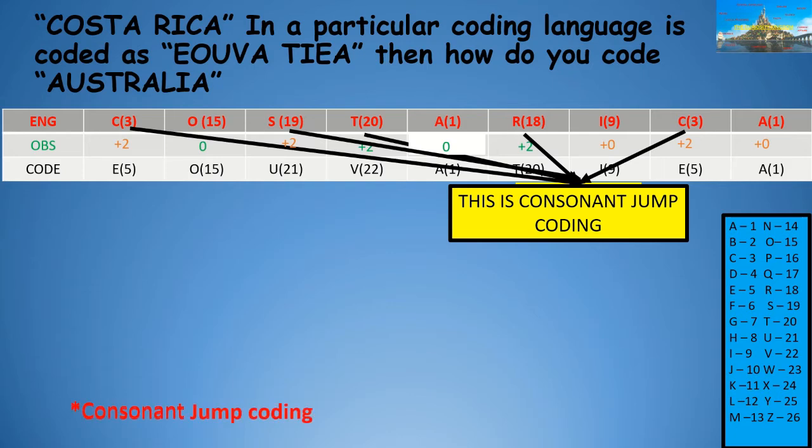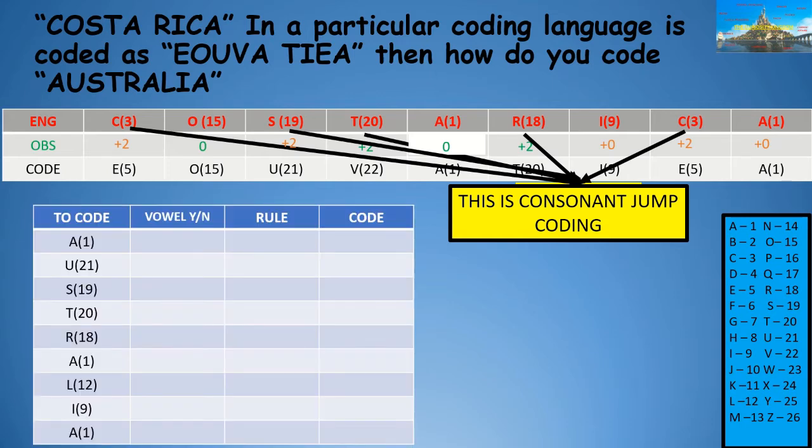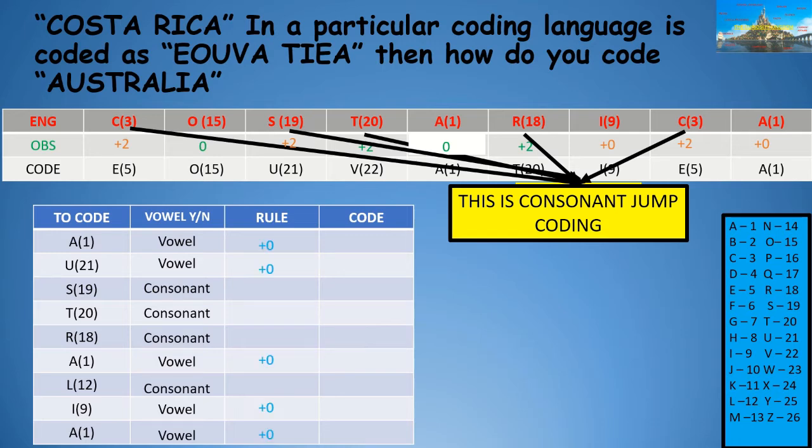So now let us code Australia using the same vowel jump coding, non-vowel jump coding. So to code Australia, we write a table, and here at first we wrote the letters which we have to code. In the second column we write whether the letter is a vowel or a consonant. In the third we write the rule. The rule is that the vowel remains the same, but the consonant jumps by 2.